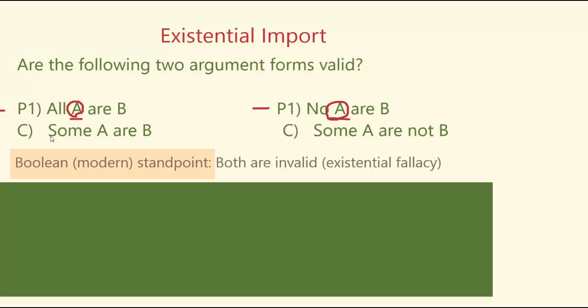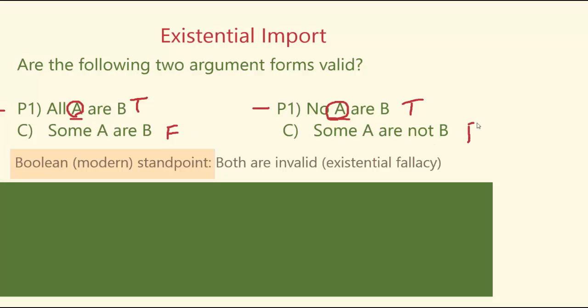And if we are presented with a situation, a possible circumstance in which A's don't exist, then our premises will end up being true, but our conclusions will be false.